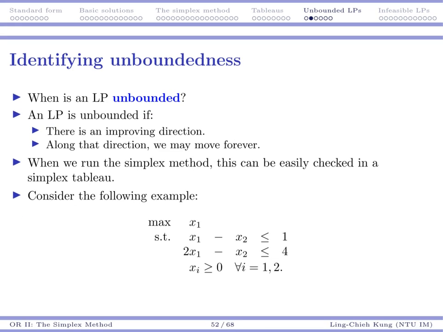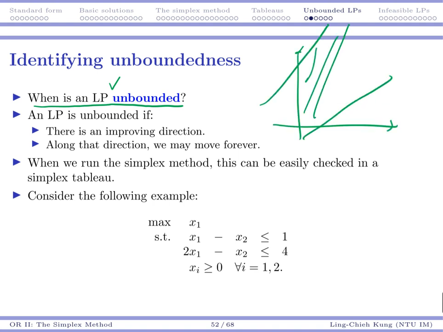So somehow, if we give you a problem and ask you to use the simplex method to solve it, we need to see whether an LP is unbounded, okay? So we need to first review when an LP would be unbounded. If you have a feasible region, something like this, that is unbounded, and you may find an improving direction, along that direction you may move forever.